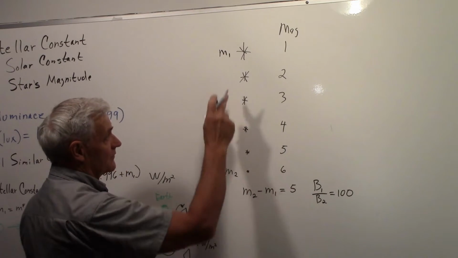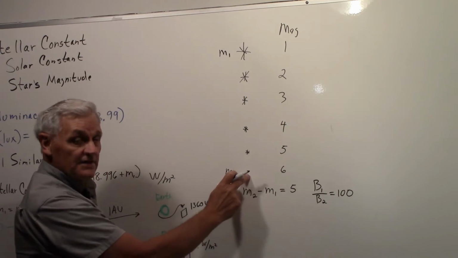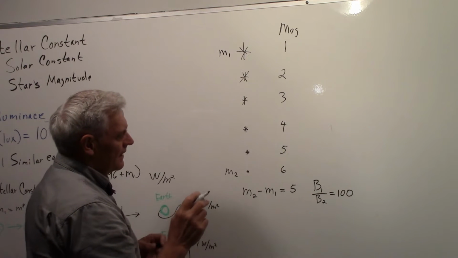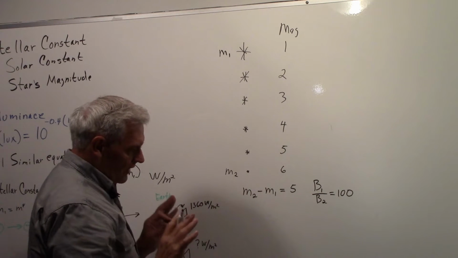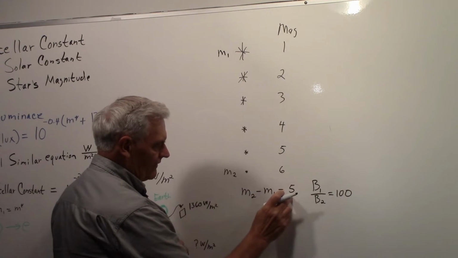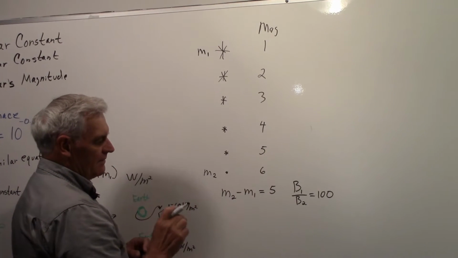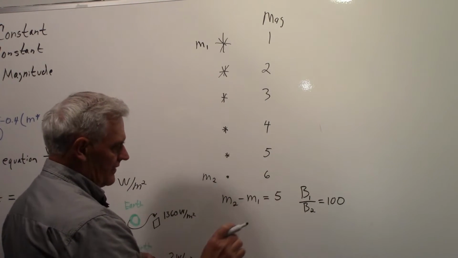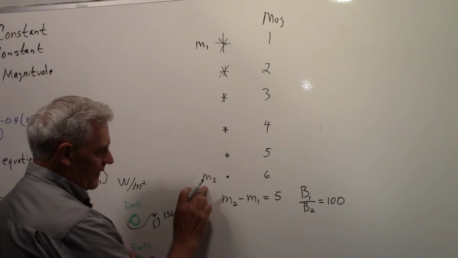Magnitude 6 is fainter. I'm trying to show the faintness by the size of the star. Now, the rule that we're going to follow is that if the difference in magnitudes is 5, then the brightness ratio is 100.